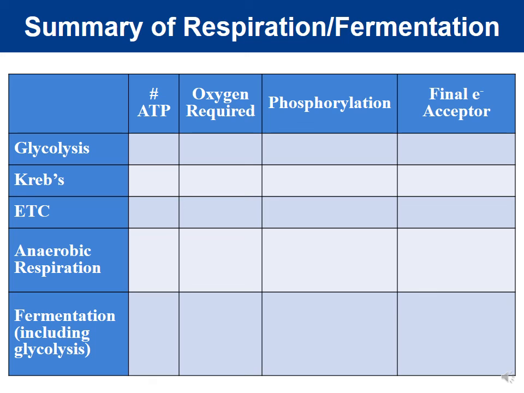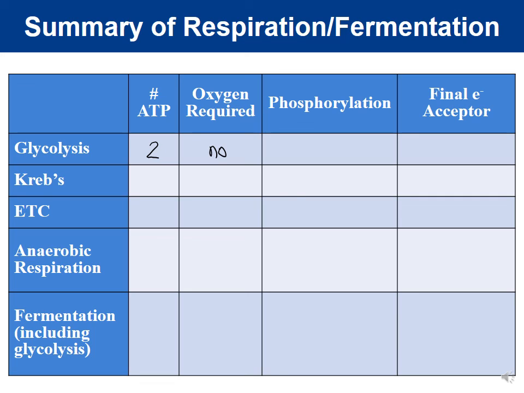So what we're looking for in this table is how many ATP are produced. So in glycolysis, we'll walk through this together for the first row. In glycolysis, how many ATP do we get? And the answer is 2. We get 2 ATP. Is O2, is oxygen required for glycolysis to happen? No. And that's because glycolysis happens whether we're talking about aerobic respiration, anaerobic respiration, or fermentation.